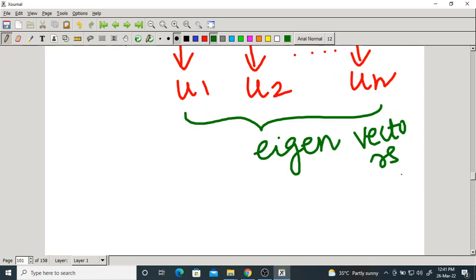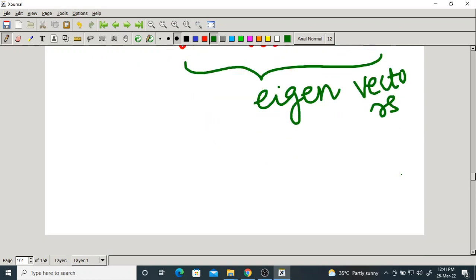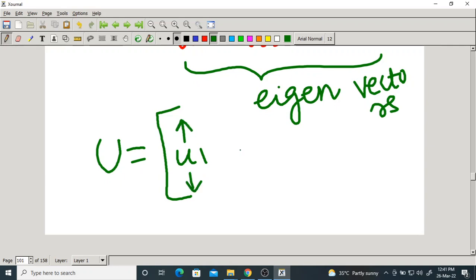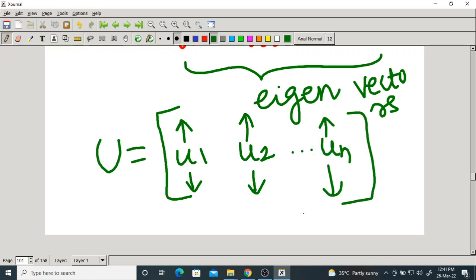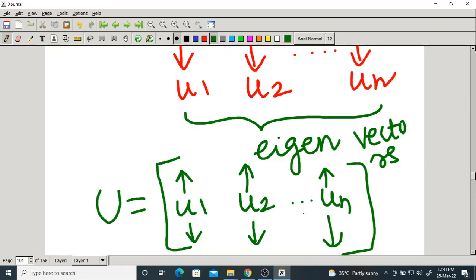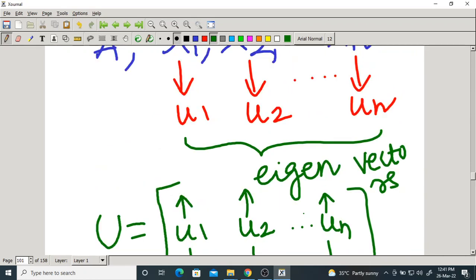Now let us define a matrix U whose columns are what? Eigenvectors. Matrix U has as its columns, each and every column an eigenvector.